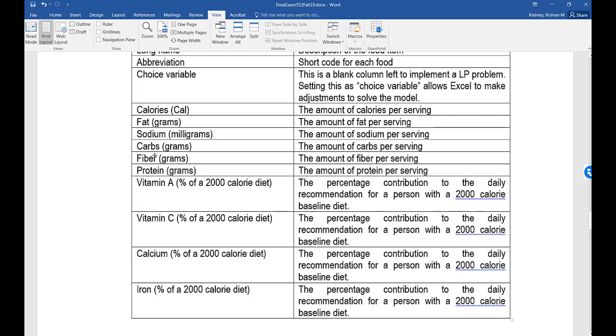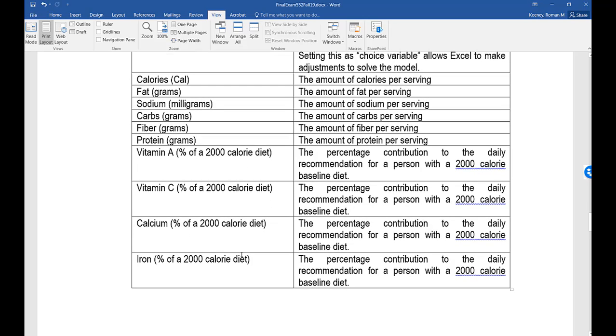some sodium content. But if you look at most nutrition reporting, it doesn't tell you how much physical vitamin A you get. It actually gives you the percentage of the daily requirement for a 2,000 calorie diet. Same thing for calcium, iron, and vitamin C. So we just convert that to the proportion, with 100 being the target.